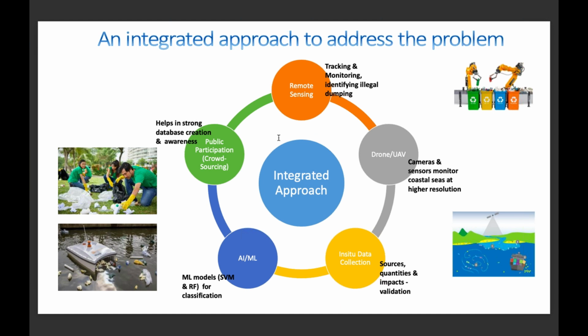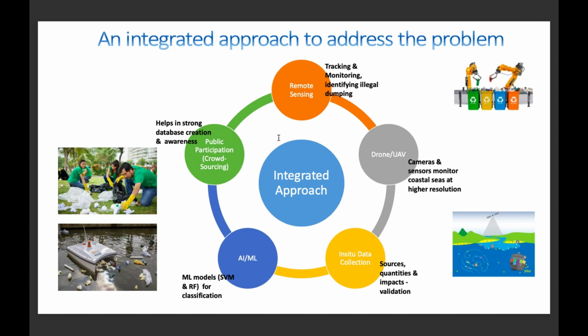Because right now what people are facing is that in situ data and crowdsourcing data are very less. So maybe these NGOs can be of great help in addressing this problem. So this was all about how, in an integrated approach, we can address this problem from the technology side.